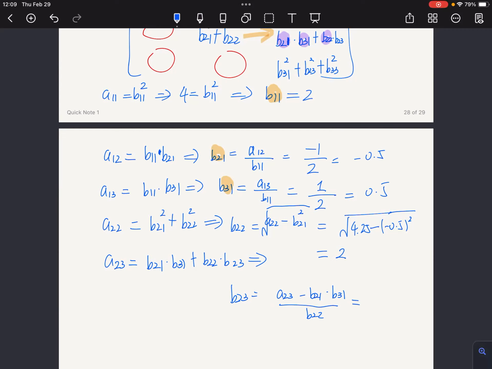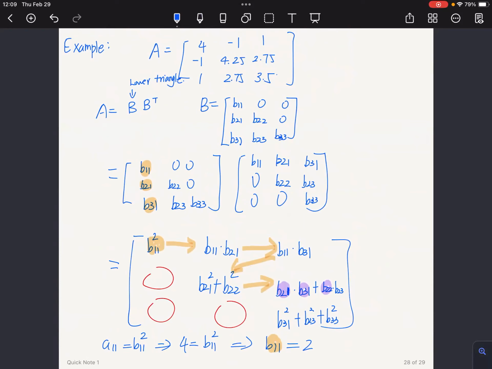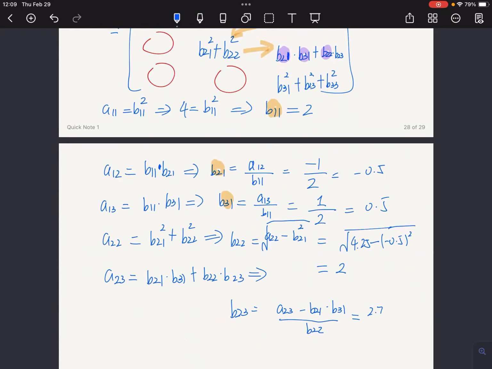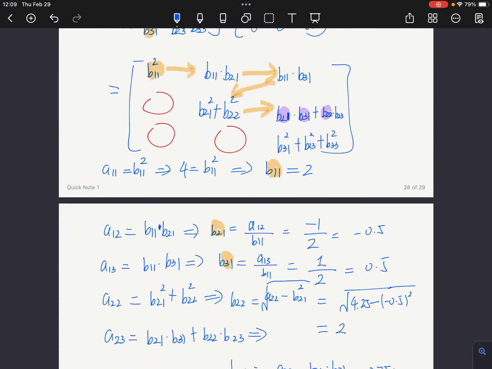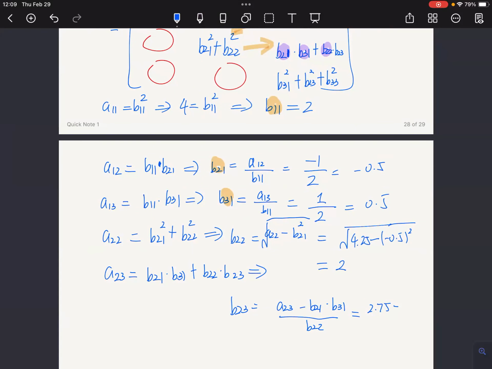And what is the B23? A23 is just the 2.75, and then minus the B21. What's the B21? B21 is just the negative 0.5, and then times the B31. We got the B31 here, and that's another 0.5.